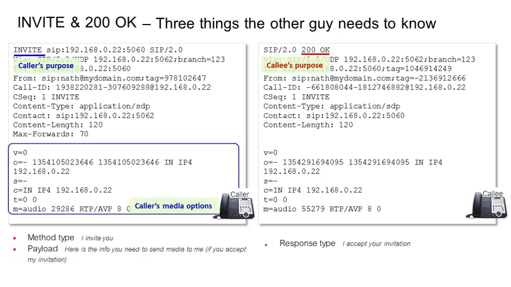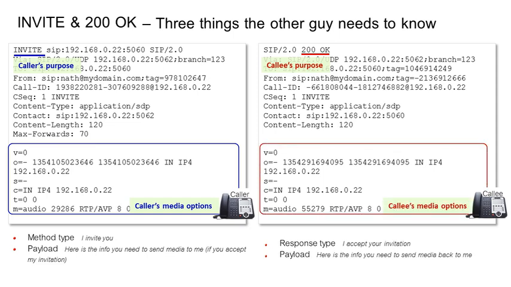The request payload provides the caller's media options to the callee so that the callee knows which codecs to use and where to send media packets to the caller. And the response payload provides the callee's media options back to the caller so that the caller knows which codecs to use and where to send media packets back to the callee.